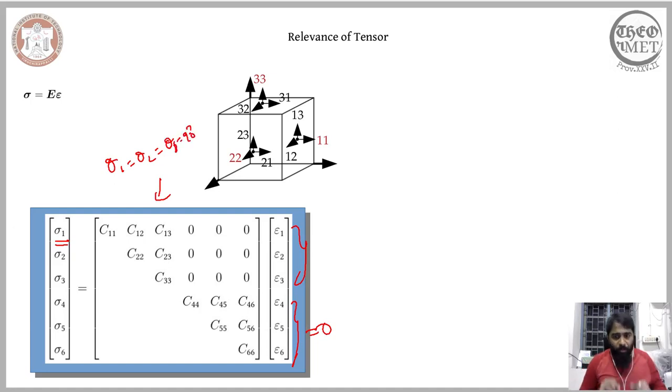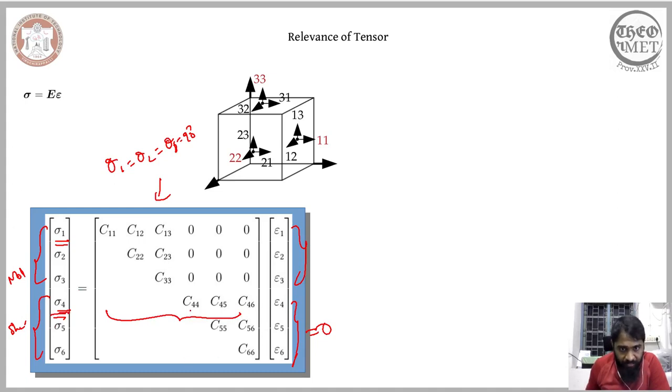Now, on top of it, there is also one other understanding we need to gain here. If I consider the effect of this stress here, all these 3 stresses talk about the normal stresses, and all the 3 remaining talk about the shear stresses. Now if I want to consider the effect of the shear stress, all I need to do is multiply this to that of this column here.